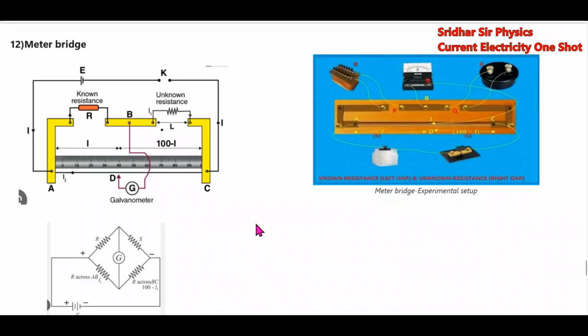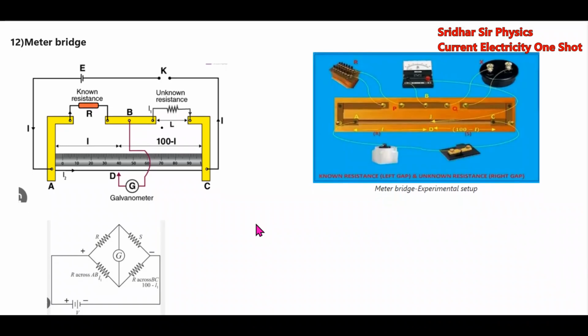We'll take the next concept. There's a meter bridge. Why do we use a meter bridge? It contains a meter scale here. Okay everyone, I think you are looking at this scale. We have the meter scale. These are the connectors, metal strips.